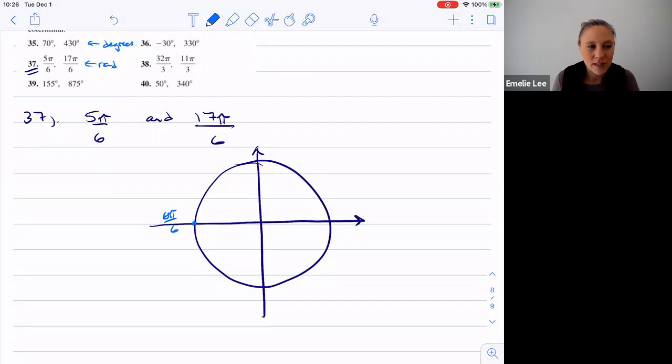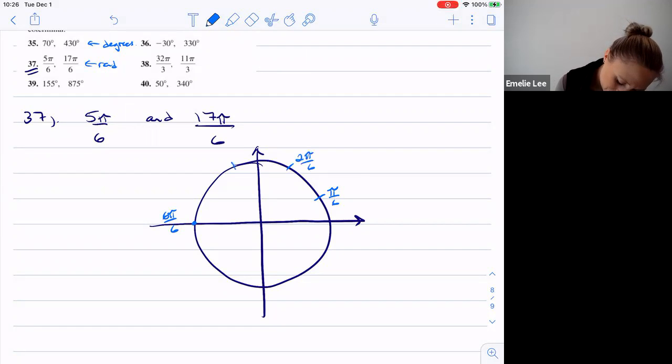Then if I split this up, I know here I'm at pi over 6. 2 pi over 6 puts me here. 3 pi over 6 is here, pi over 2. And then 4 pi over 6, 5 pi over 6.